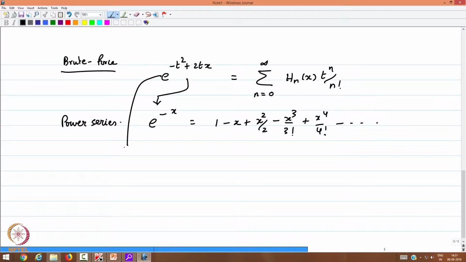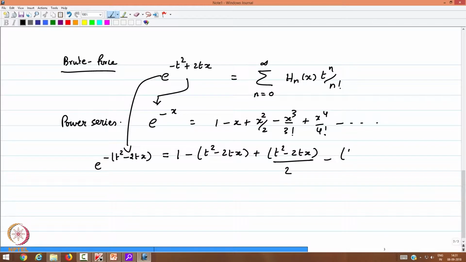Therefore, this term is equal to 1, let me write that here, e to the minus t square plus 2tx. Okay. Then it is 1 minus (t square minus 2tx) plus (t square minus 2tx) squared divided by 2 minus (t square minus 2tx) cubed divided by 3 factorial plus and so on.